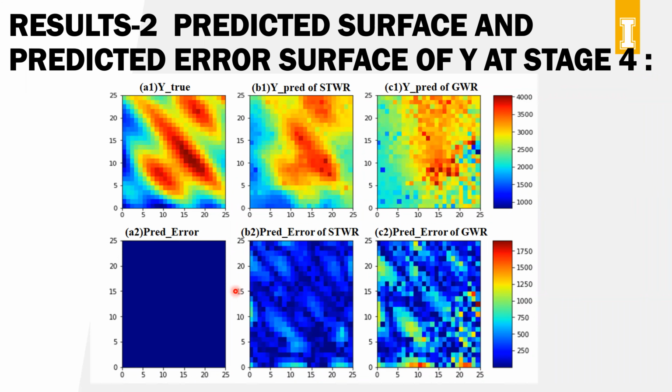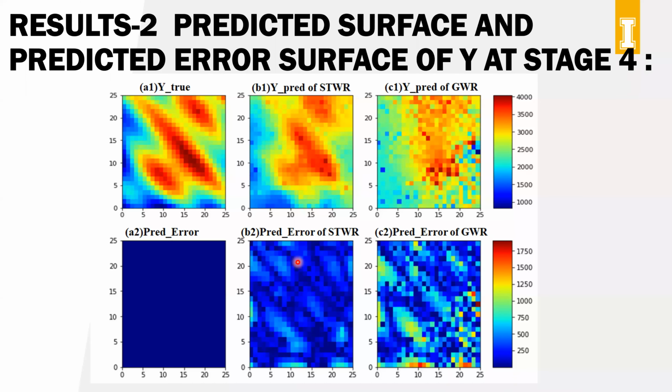In image B2, it's the error of the STWR, which is the value from B1 minus A1. Panel C2 is the predicted error for GWR, which is the value of C1 minus A1.